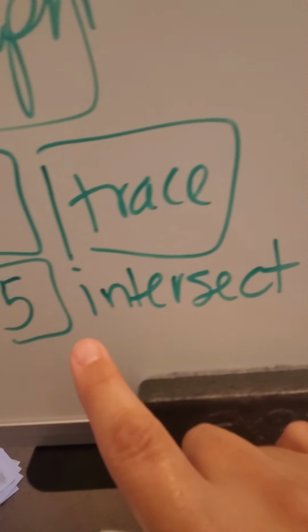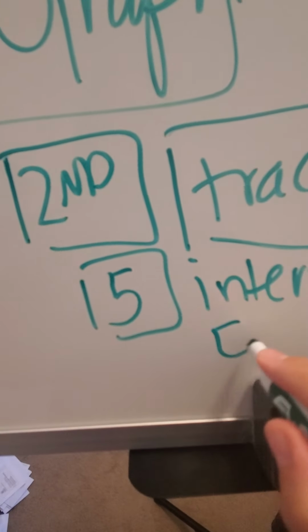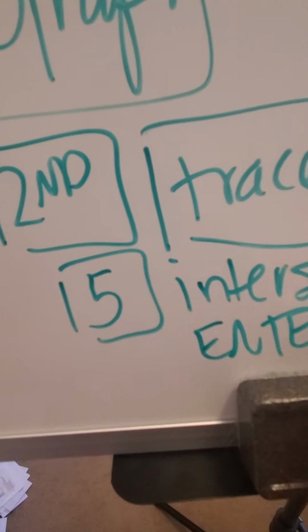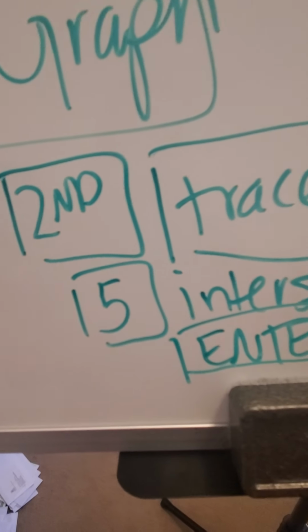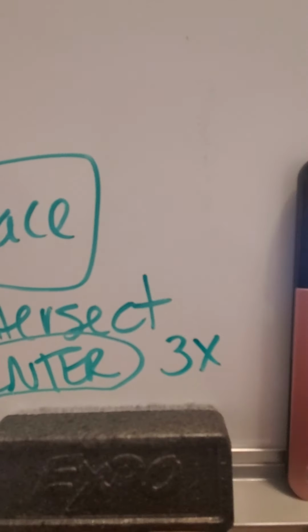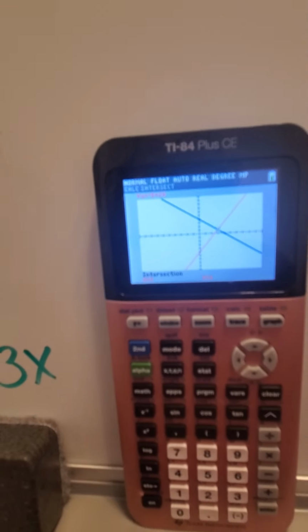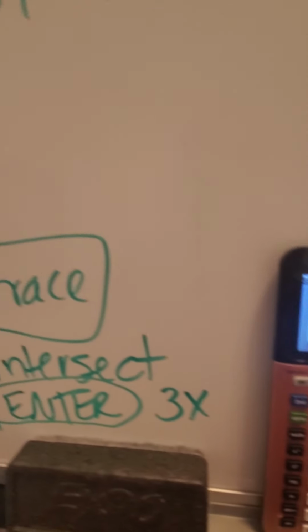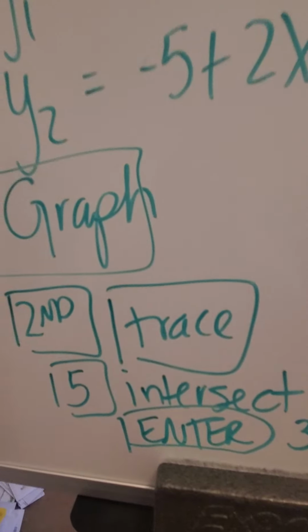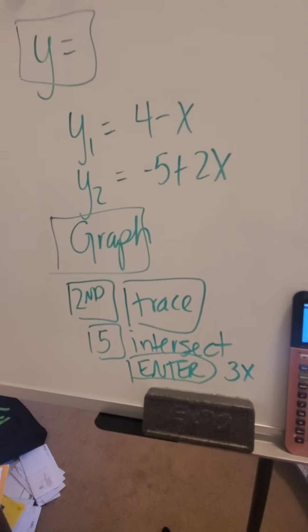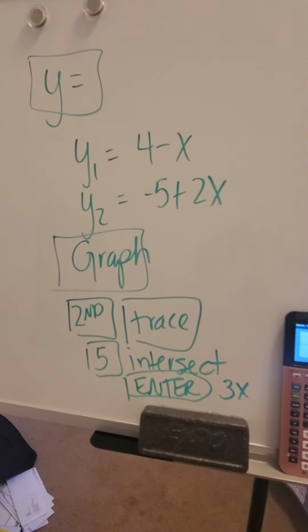So all I have to do is 5 intersect, and then I hit enter 3 times, okay? And then it'll give me my answer at the bottom of the screen. Okay, so that's your first option, is by graphing. All right, I'm going to pause the video, and then I'm going to do one on elimination next.